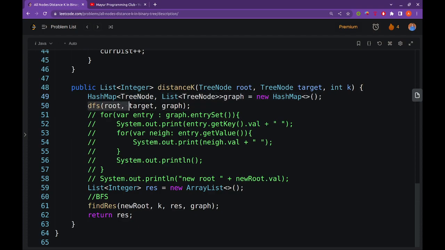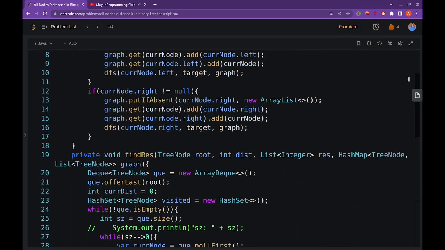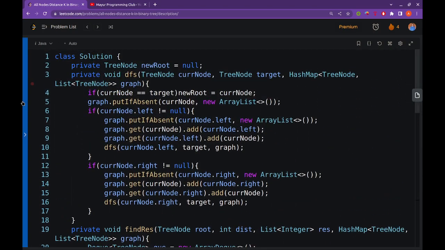This is for converting the given tree into a bidirectional graph. Then we will be doing DFS. This is the part where we will be adding the links.